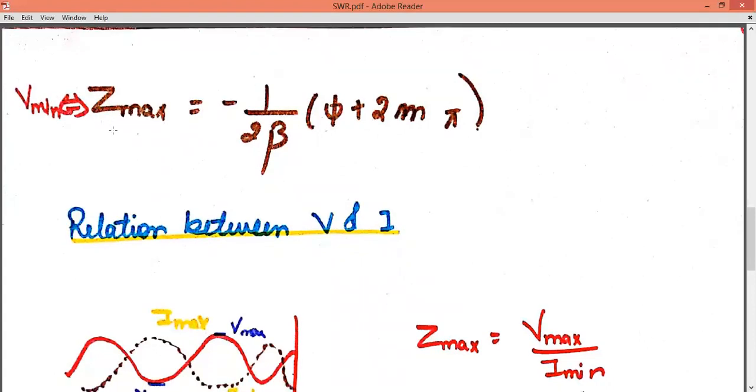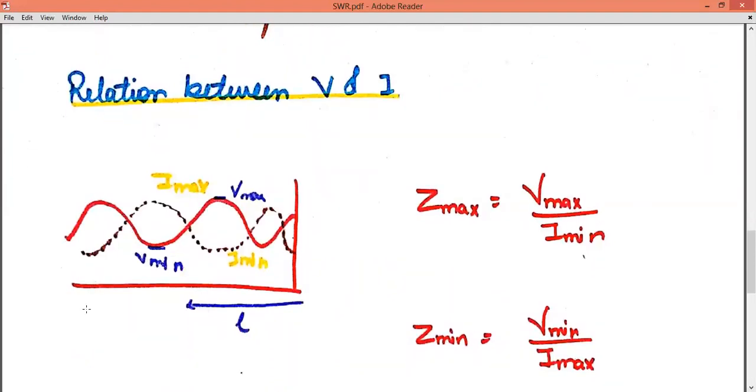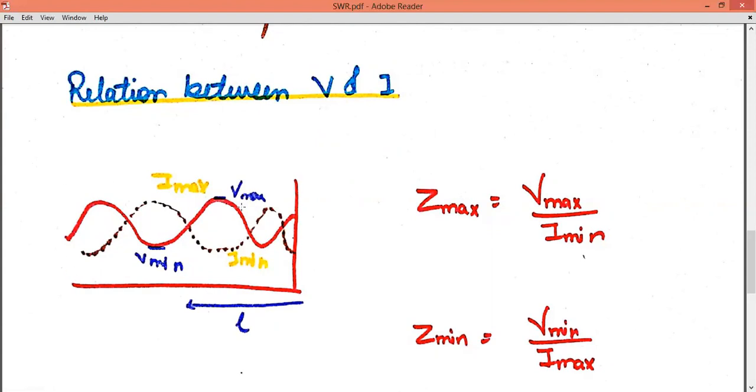So we can say that a relationship between V and I we can find out. Suppose this is the length, we can denote it in a graph. This is the EM wave representing the maximum voltage here and the minimum voltage here. We can also say that at a point where Vmax arises, there is also current in the system. Wherever a voltage exists, current also exists.